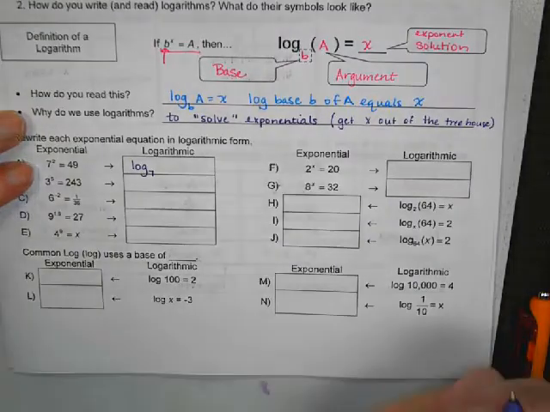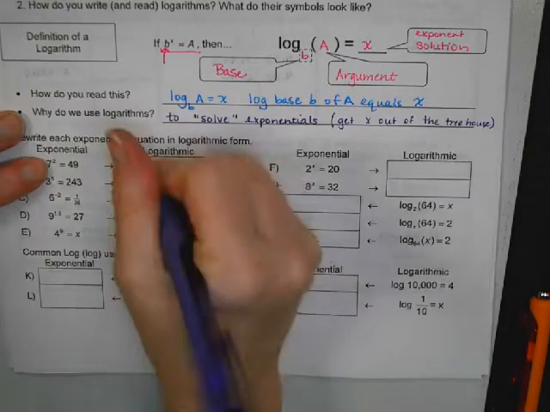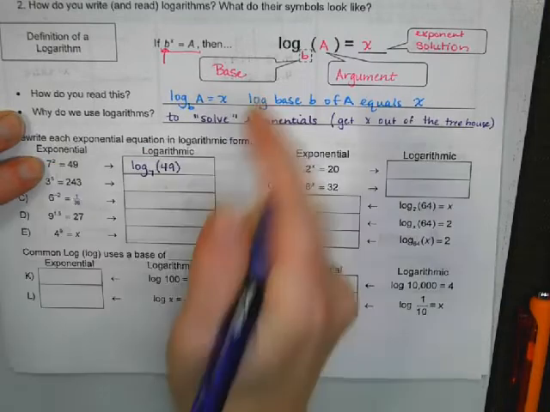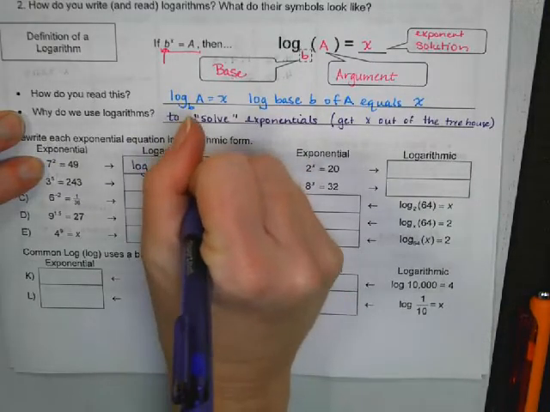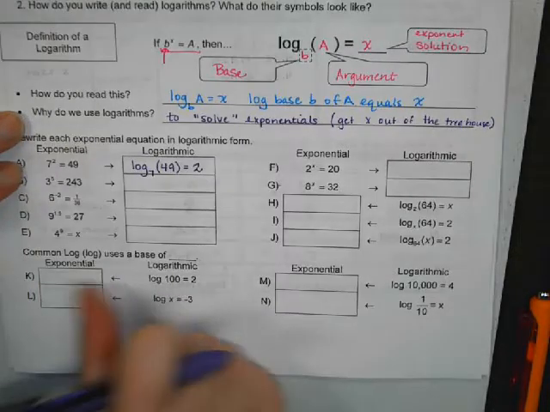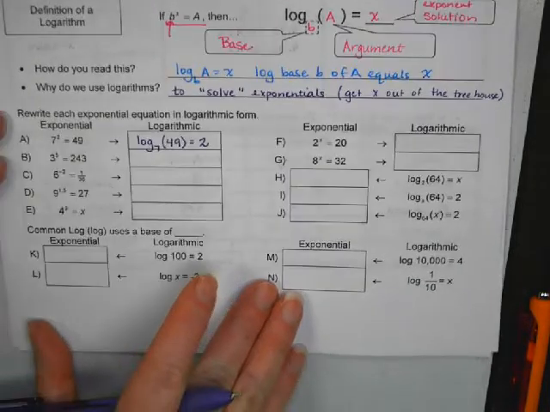And then the other two pieces change places. The answer of the exponential becomes the argument, and the exponent becomes the solution for the answer. So it's like these two pieces swap. Whatever's with the base when it's an exponential can't be with it when you rewrite it as a logarithm, and vice versa.